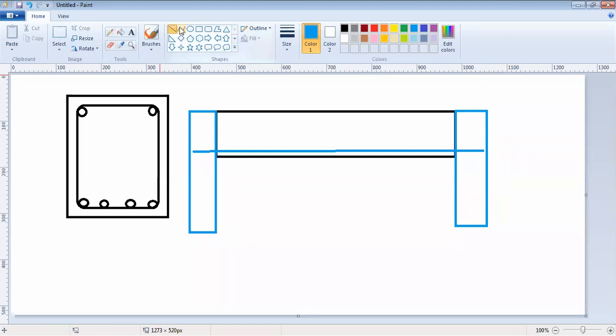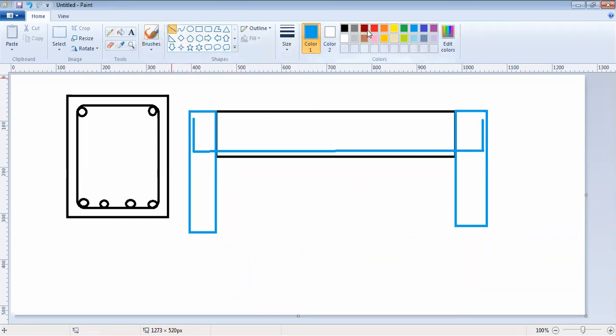Then there will be a slight bend here, and a bend here, and then the bar is projected into the support. Now, this is the development length.